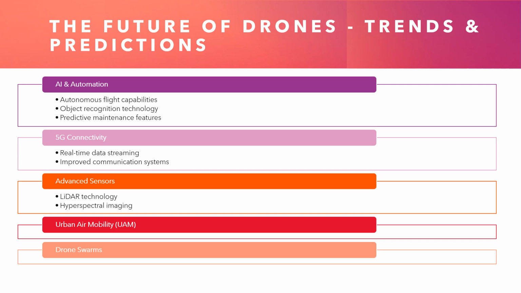Urban air mobility, with the promise of air taxis, could revolutionize transportation. And we are even seeing the development of drone swarms, where multiple drones work together to accomplish complex tasks. These are just a few of the exciting trends shaping the future of this industry.